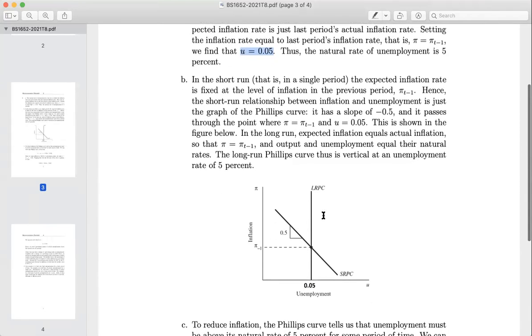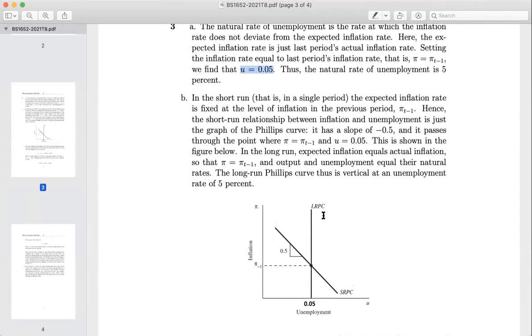And my question is, which curve that we covered before is very similar to this curve? Which curve did we do before that is very similar to the long run Phillips curve? Yes, that's true.